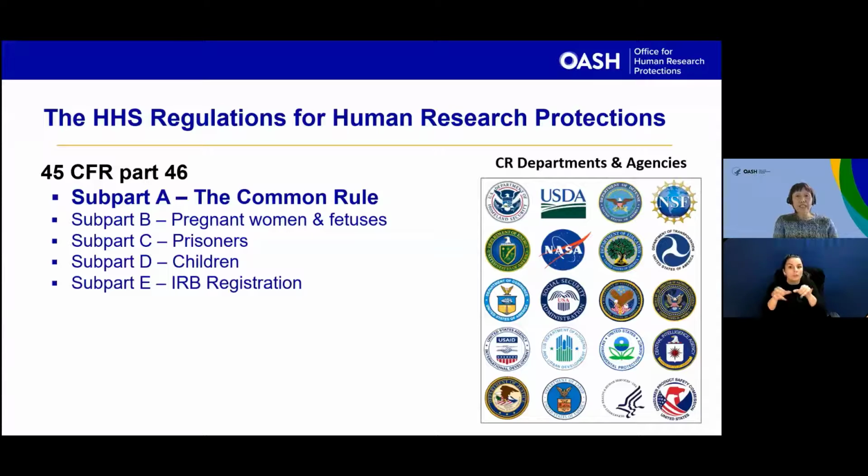The reason why it's generally referred to as the common rule is because, as I've mentioned earlier, many federal departments and agencies have adopted this subpart and codified them in their respective regulations as well. So that's why it's called the common rule. It's applied commonly across the federal government. Subparts B, C, D are subparts that need to be adhered to if you receive funding from the Department of Health and Human Services for your research.